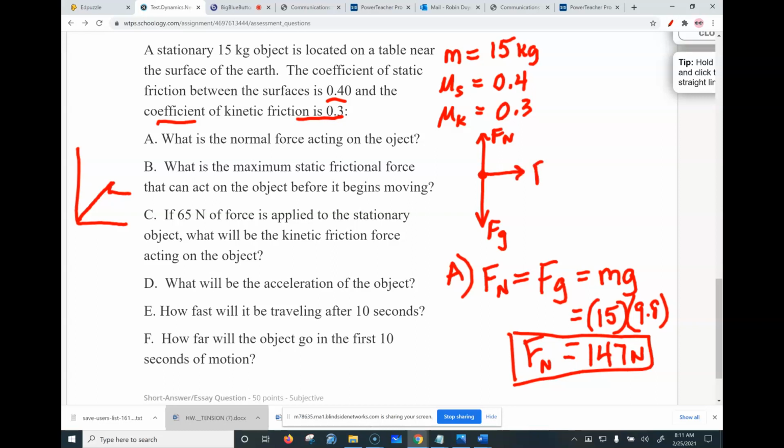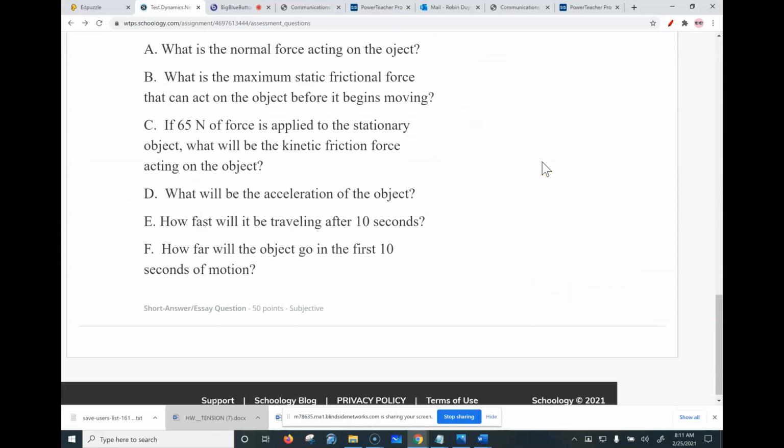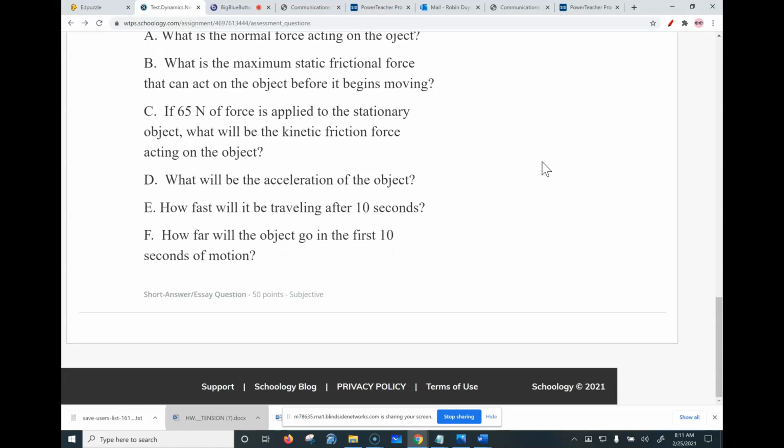I'm going to have an applied force here, and then I'll leave this as just a frictional force. That can be static until we get it to move. Then once we start moving, it'll just be kinetic. All right. The maximum static frictional force.